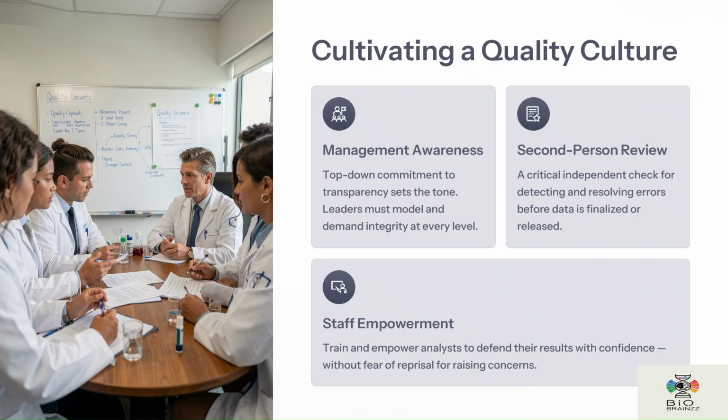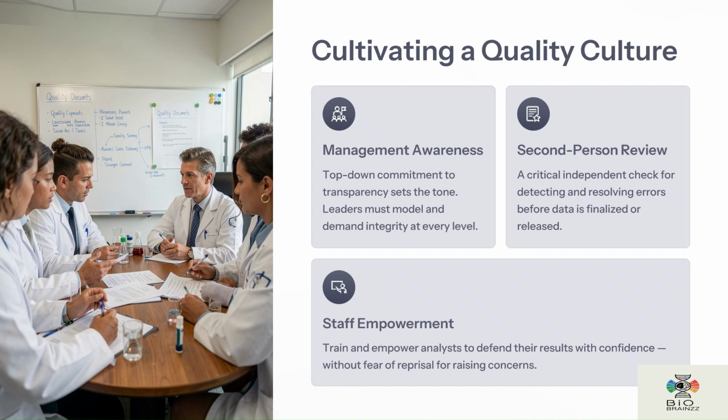Data integrity cannot be achieved through procedures alone. It requires a strong organizational culture. Management must demonstrate commitment to transparency and ethical behavior. Leaders should encourage openness and never create pressure to compromise scientific standards. Independent second person reviews are also important.